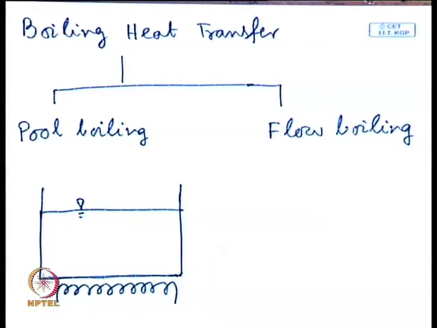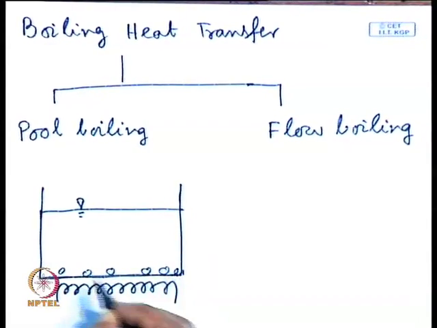At one point it will overshoot the saturation temperature of the liquid water resting at the top of it, corresponding to the prevalent pressure, and then we can find that bubbles are getting generated, and of course, with time we will find different phases of boiling. So, this is a very common example of pool boiling.